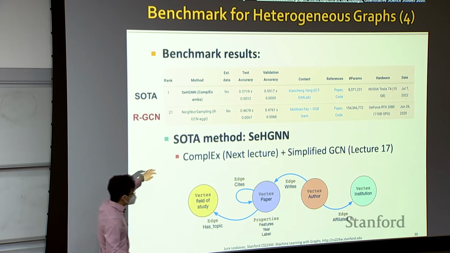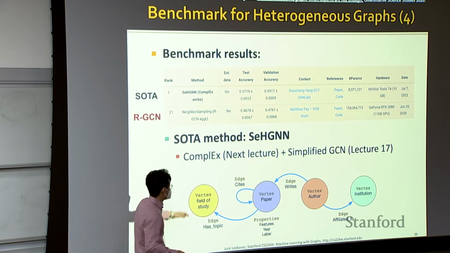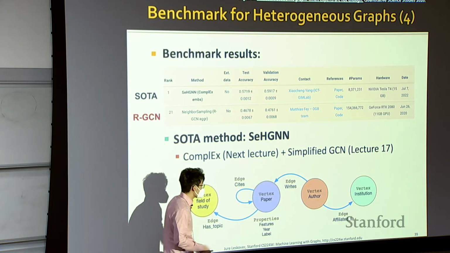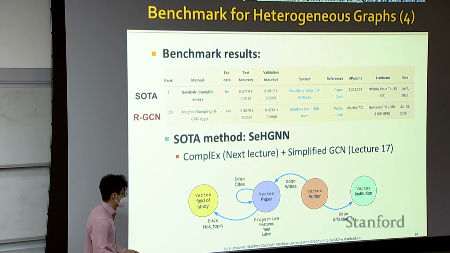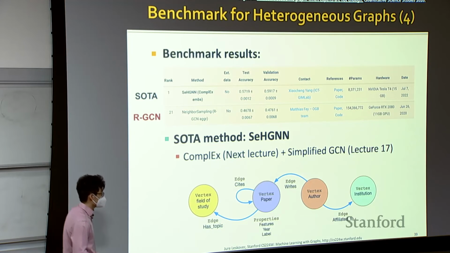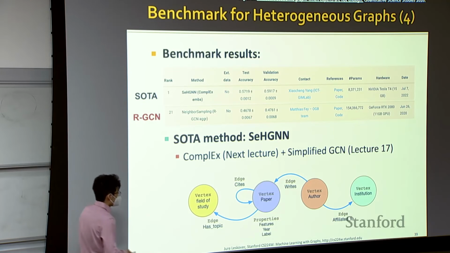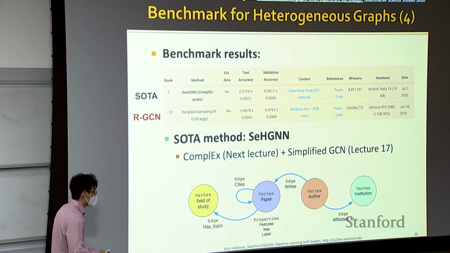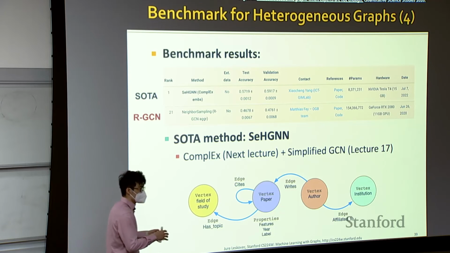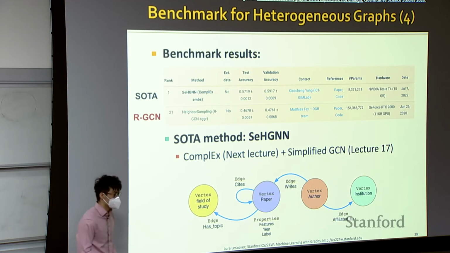The state-of-the-art method is actually a combination of complex and simplified GNN. We will cover both methods in later offerings of this course. So the discussion here is just to give you an intuition of how people have applied RGCN to a practical machine learning benchmark and what this benchmark looks like.